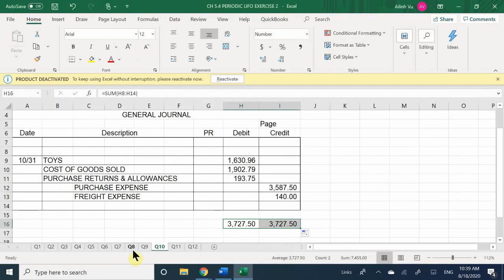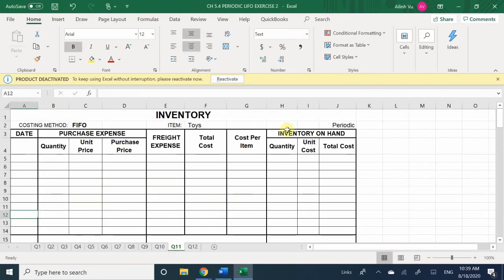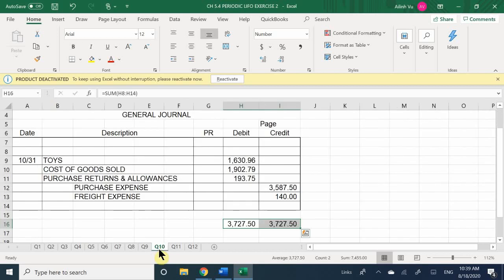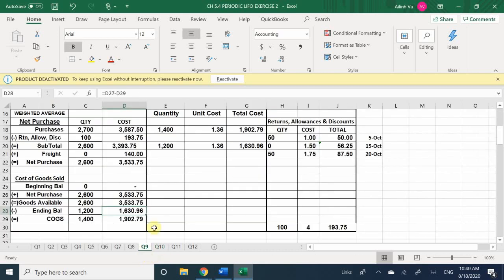I know I have 1,200 items. Now, what is going to be my cost per unit? Cost per item for those 1,200 items.